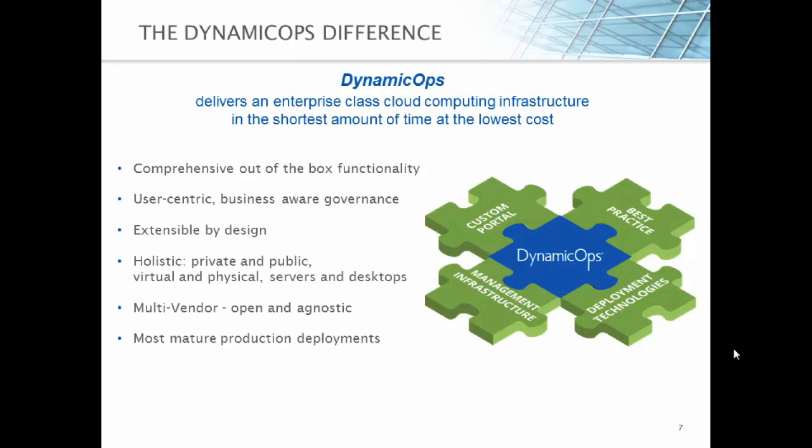It has a holistic approach between private and public, virtual and physical, servers and desktops, and very soon applications as well. It's multi-vendor, open, agnostic, and has the most mature production environments today in the industry. We have implementations around 5,000, 10,000, 50,000, and 100,000 VMs under management. That is unique for the industry.